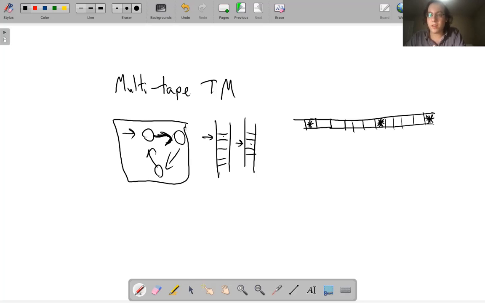So let's say we use 3 of these markers. Now over here in the first part, we will try to write all the contents of the first tape. We're trying to simulate this machine over here, and it has 2 tapes. So we will use this first part to simulate everything written on the first tape, and this part here we'll use for the second tape.